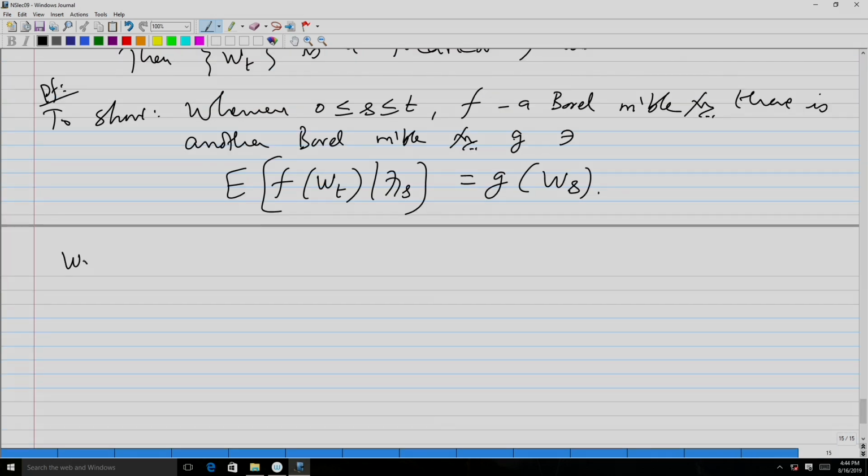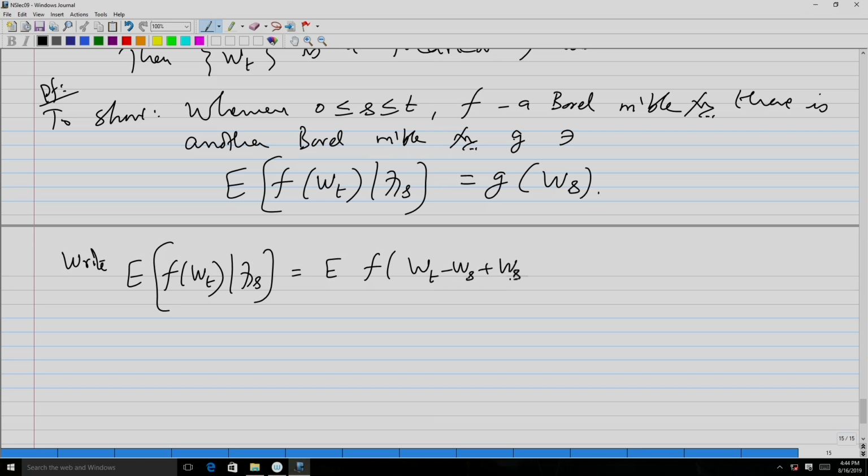Okay. Now, write this left side quantity, expectation of f of W t given F s. Now, you see W t and F s: it is neither measurable with respect to F s nor independent of F s, but you can write this as expectation of f of (W t minus W s plus W s) given F s.